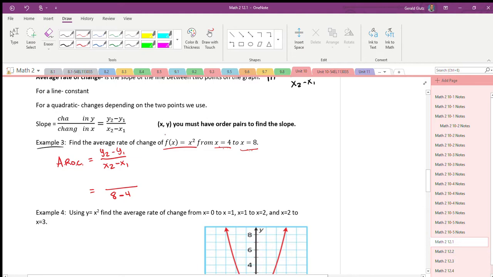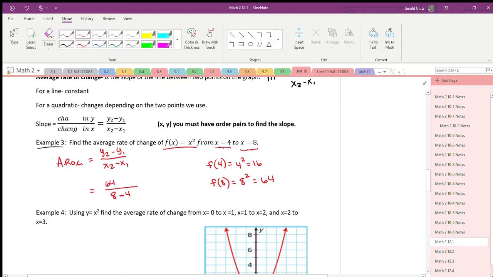To find the y values, or the f of x values, I have to plug in the two x values. If I plug in 4 to x, f of 4 equals 4 squared, so that's 16. If I plug in 8 into x, I get 8 squared, which is 64. So when I plugged in 8, the y value was 64.